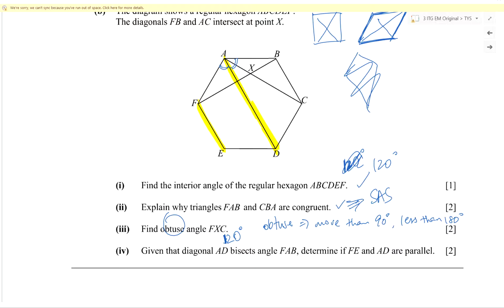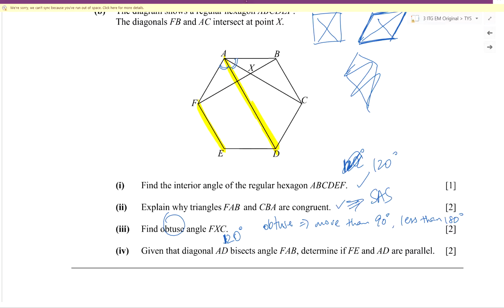To determine whether a pair of lines are parallel or not, we will have to use converse of something. There are at least 3 that we know. Converse of interior angle parallel lines, converse of alternate angles parallel lines, converse of corresponding angles parallel lines. What do you think we can use over here?